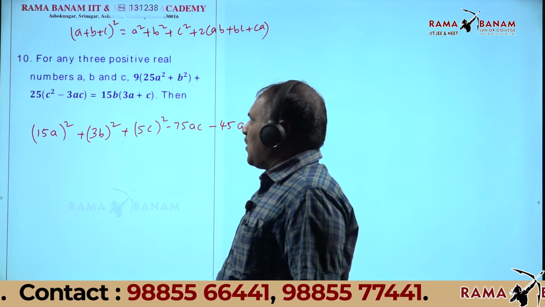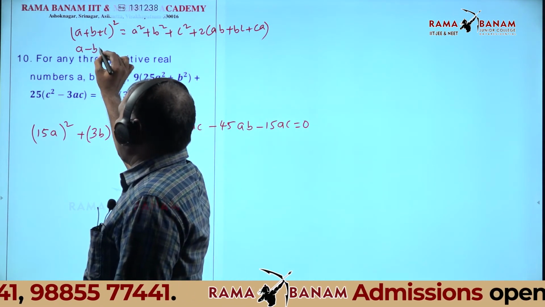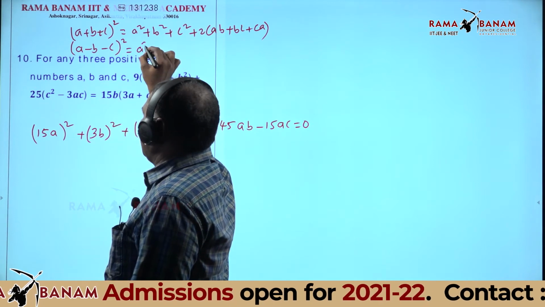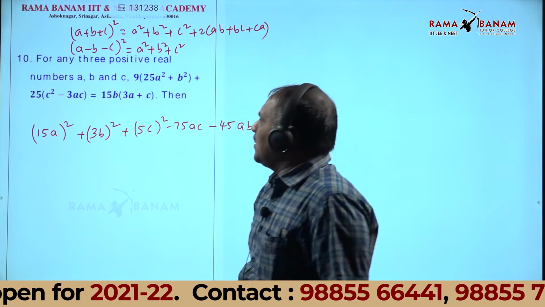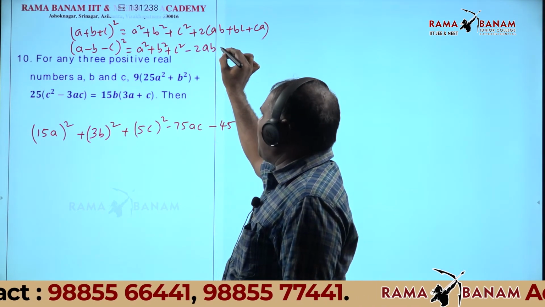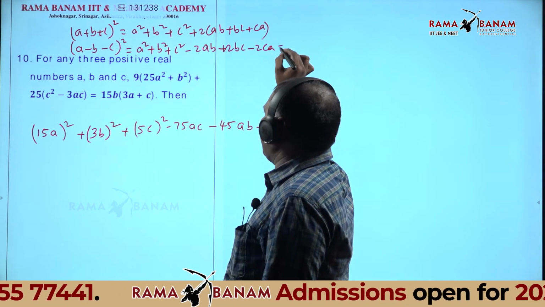For example, what is a minus b minus c whole square? That is a square, b square, c square, next minus 2ab plus 2bc minus 2ca.